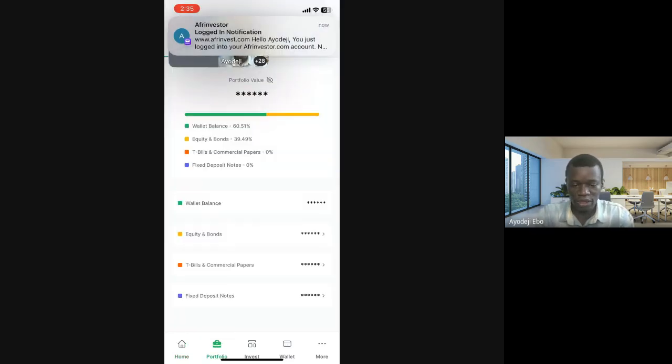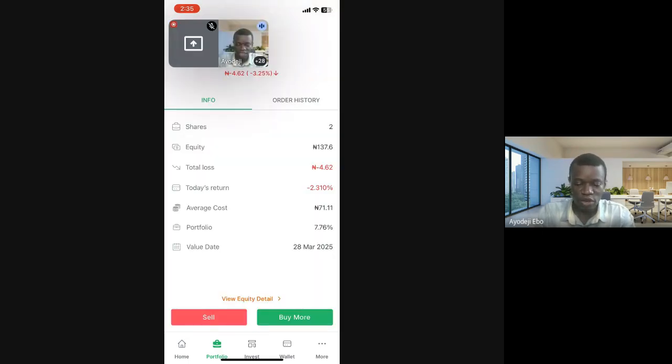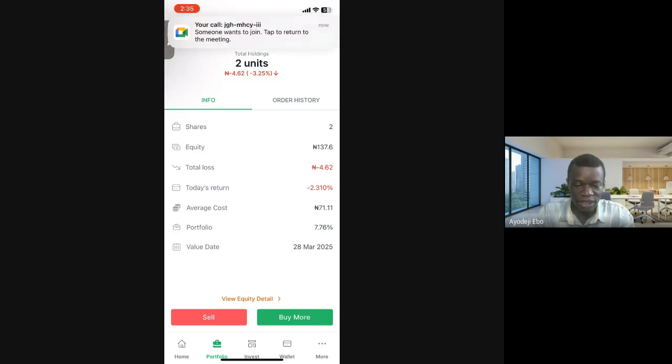Yeah, so that tracking is very important, which is one of the main reasons that we're having this. When you are buying, you need to know your average cost, so that you know whether what you are buying at is lower than the current price. For instance, this is the GT Bank stock that we got. There's an average cost here saying 71 naira. If I buy tomorrow at 65, the average cost would come down, and I will be able to see whether I'm gaining or not.